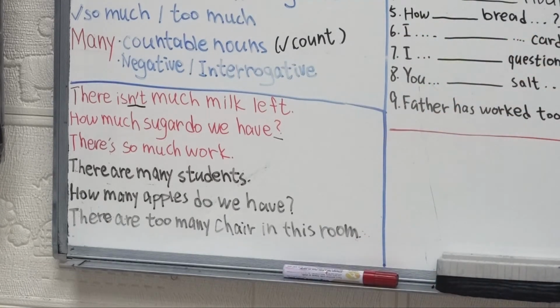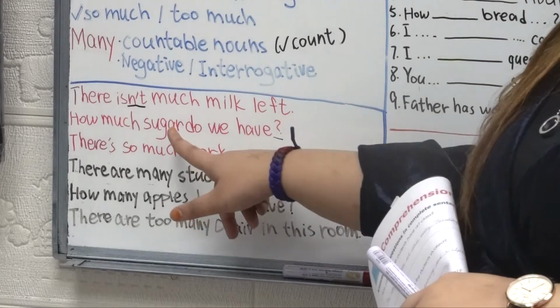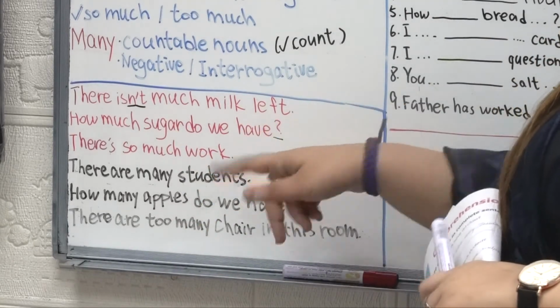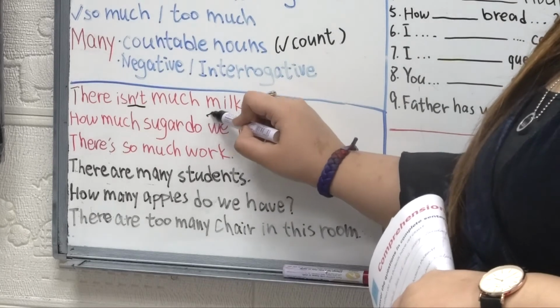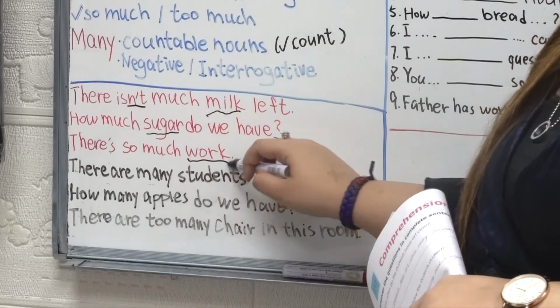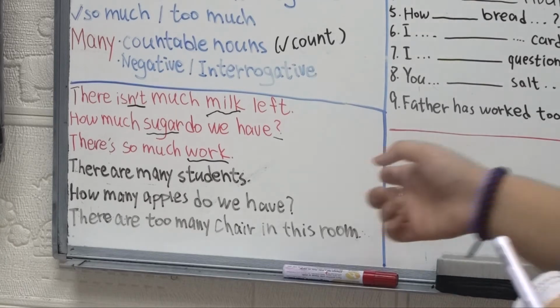Remember, it should be singular form. We do not say milks, of course, no. We do not say sugars, no. We do not say works, no. Milk, sugar, work, singular form. They cannot be counted, okay? We do not add s or es, remember that, okay?